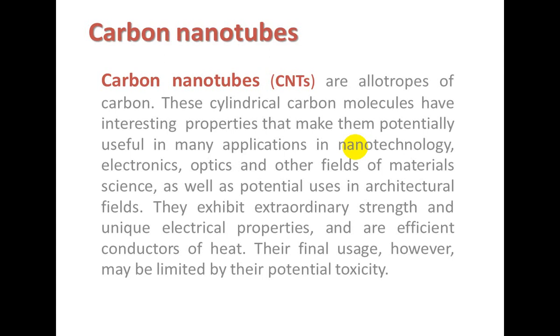These cylindrical carbon molecules have interesting properties that make them potentially useful in many applications in nanotechnology, electronics, optics, and other fields of materials science, as well as potential use in the architectural field. They exhibit extraordinary strength and unique electrical properties and are efficient conductors of heat. Their final usage, however, may be limited by their potential toxicity.